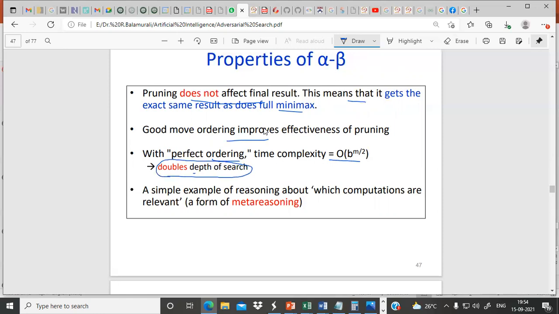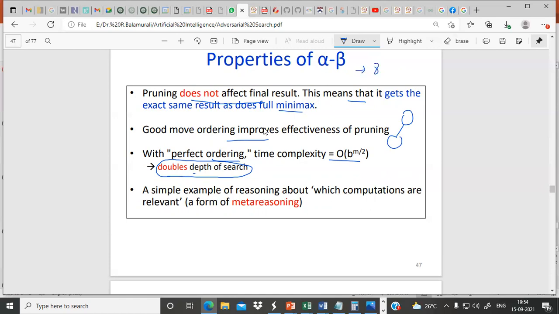It doubles the depth of the search in the sense, say, assume that the solution is available at depth 8.